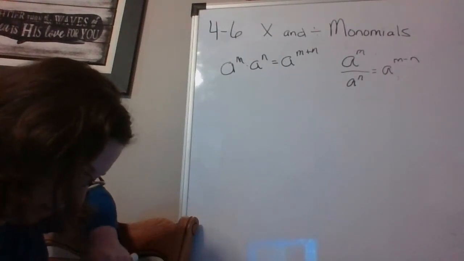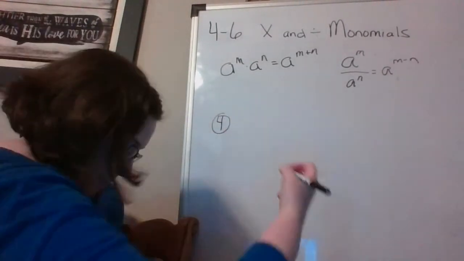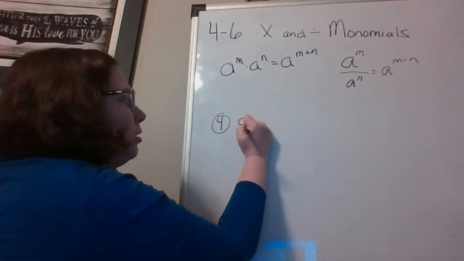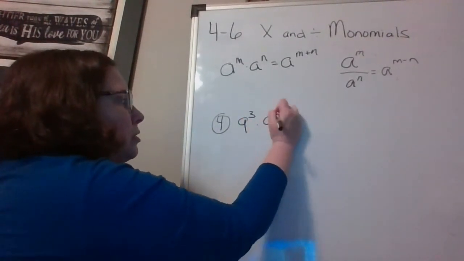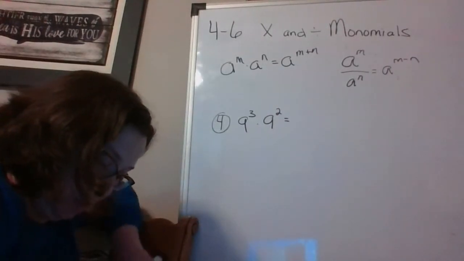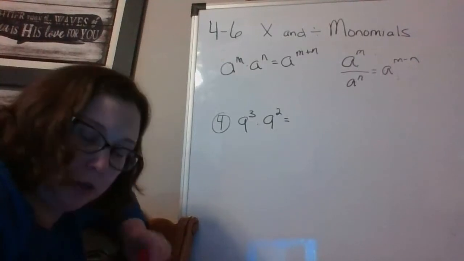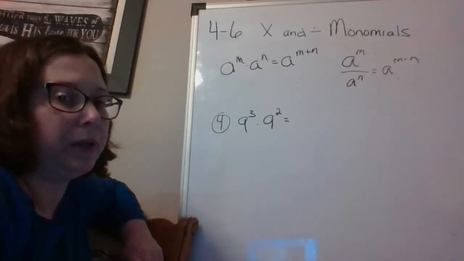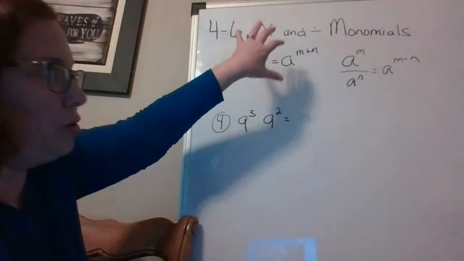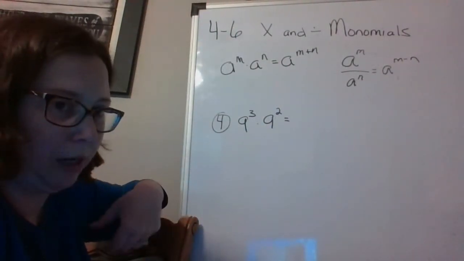Let's look at number 4 and number 5 first. So we have 9 cubed times 9 squared. If you check out the directions, it says find each product or quotient, express using exponents. Express using exponents means all we have to do is use our rule. We don't then have to multiply all those 9s.